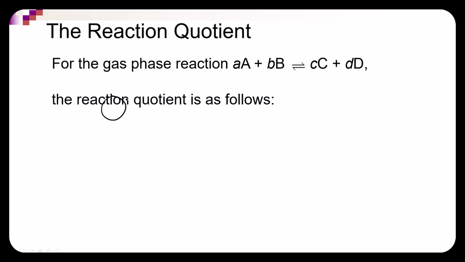We're going to write that letter Q, and that's going to be equal to, anytime we're looking at reaction quotient or eventually equilibrium constants, we are always going to write the concentration of products over the concentration of reactants.